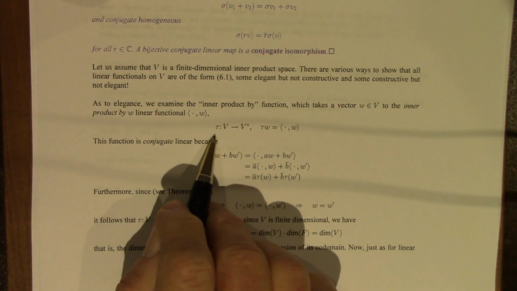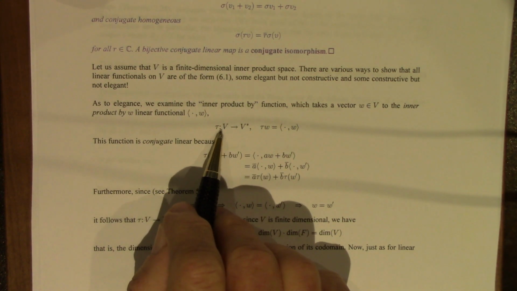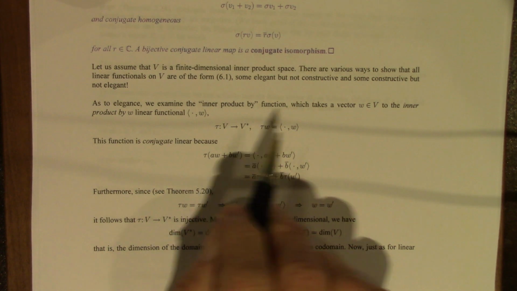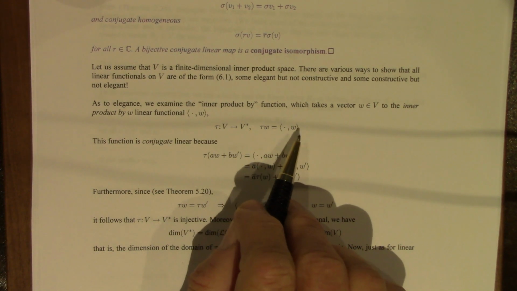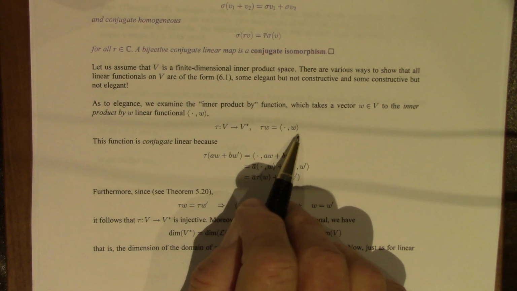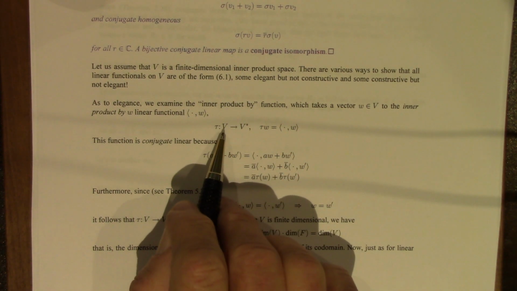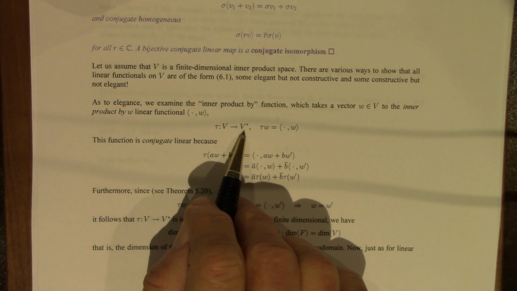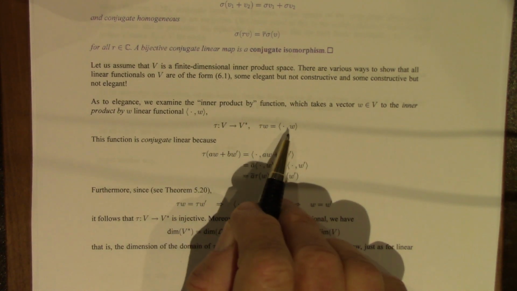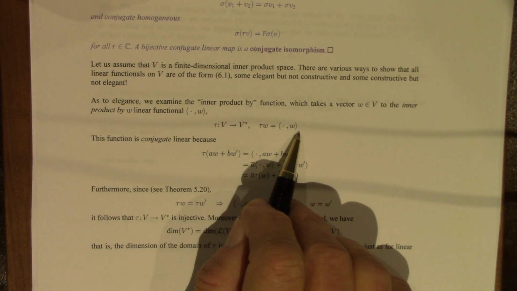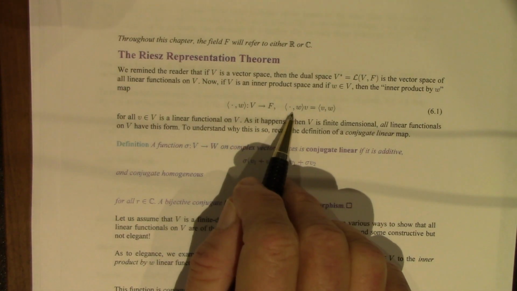tau. Tau takes a vector, w, and produces the inner product by w linear functional. So this is a map from vectors to linear functionals. Tau of w is inner product by w, which, as we have discussed, is a linear functional.